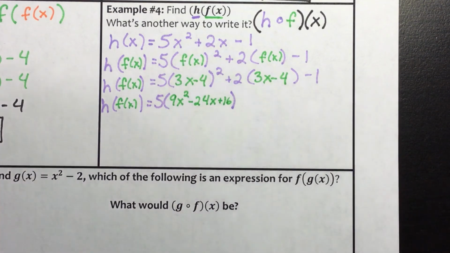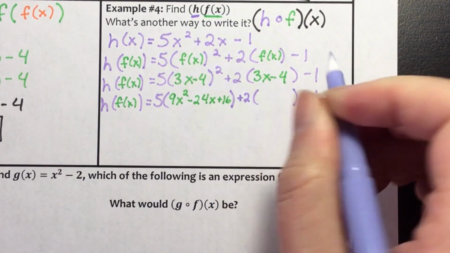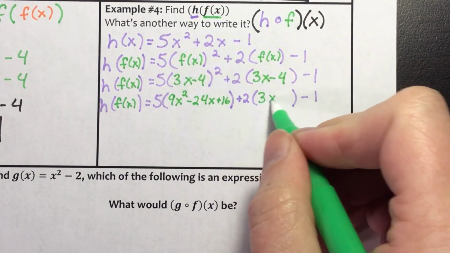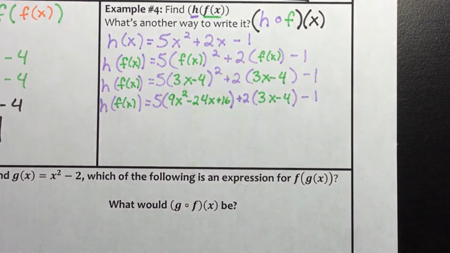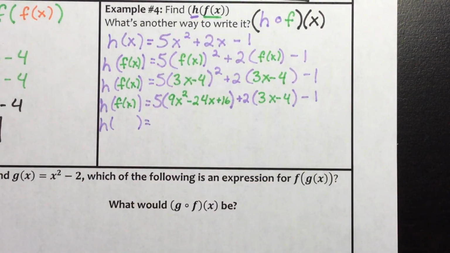All right, let's keep going. Plus 2 times, and then minus 1. 2 times 3x minus 4. Okay, this problem has a whole lot of distributing and then combining like terms. Let's take it one step at a time. I'm going to stick with one color from here on out.